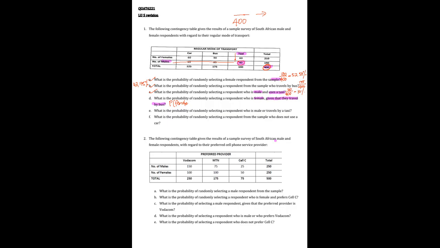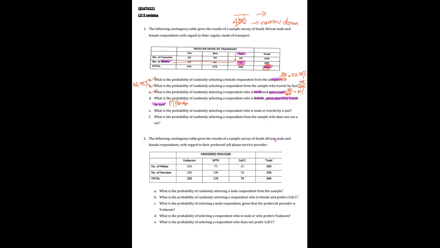Now, because they're telling us that we already know the person travels by bus, we are able to narrow down the sample size. Instead of looking at all 400 people, we will narrow down our sample size to the number of people that travel by bus.